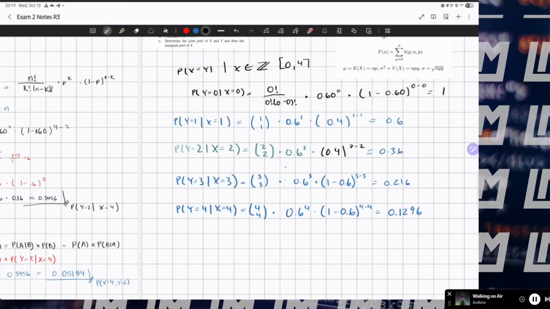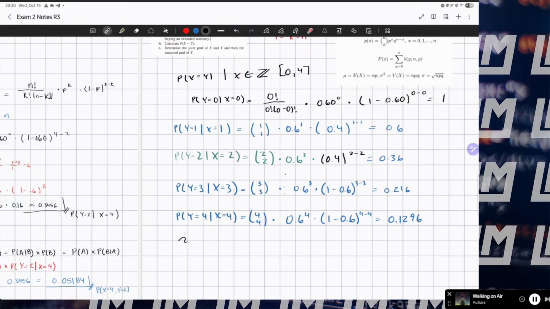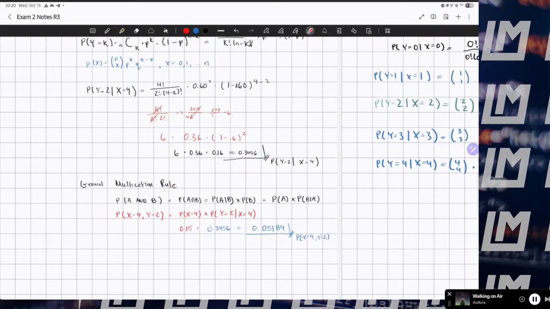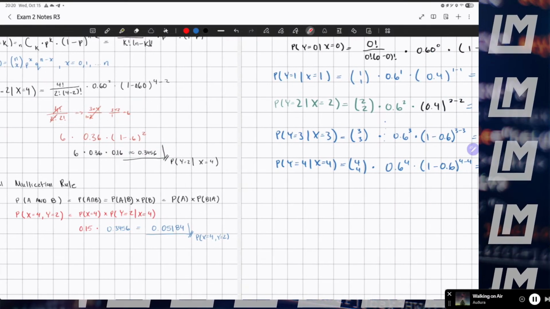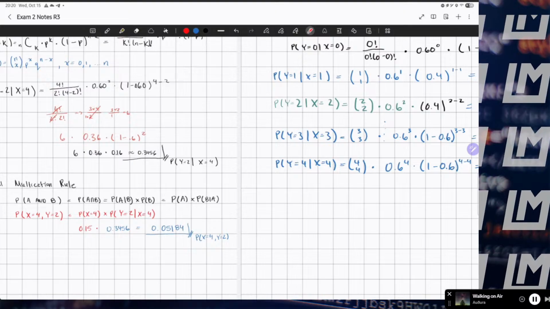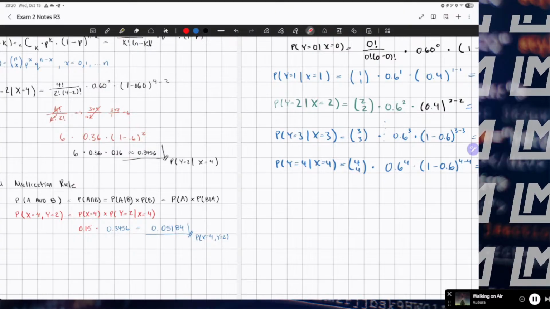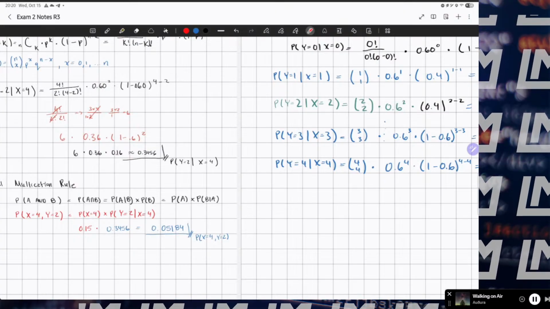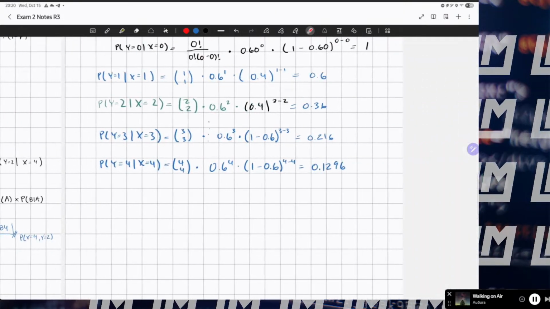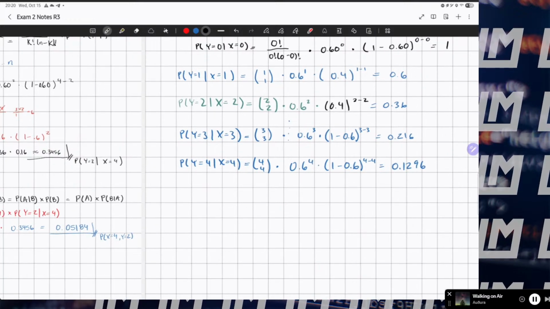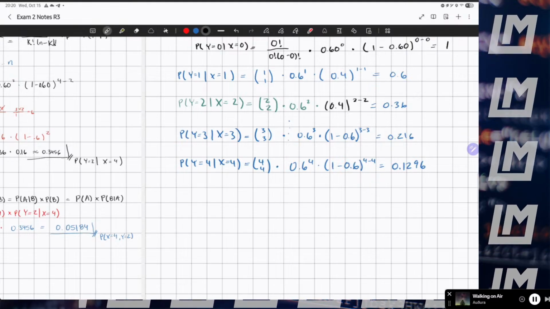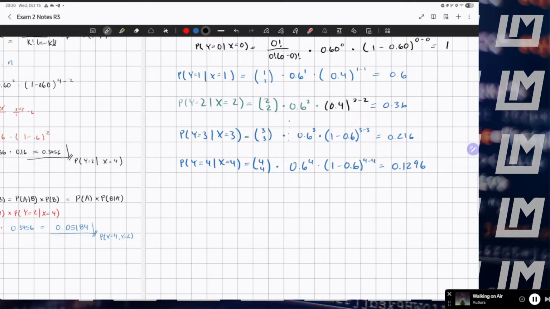So given the multiplication rule, right, which is that same rule we saw right here, and we have it in our notes, I'll write it down.